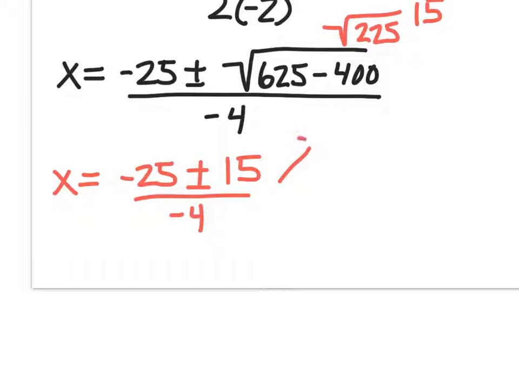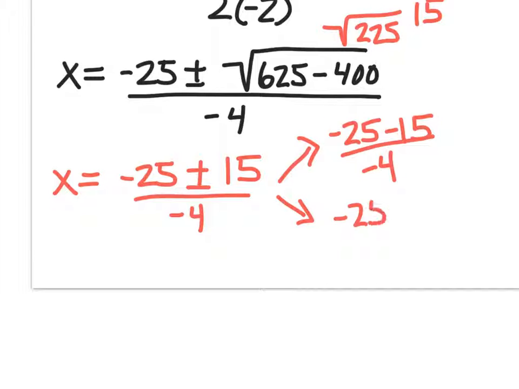But once again, remember this is two answers. I have negative 25 minus 15 all over negative 4, and I have negative 25 plus 15 all over negative 4. Now when I divide this, negative 40 over negative 4 is going to give me a positive 10.